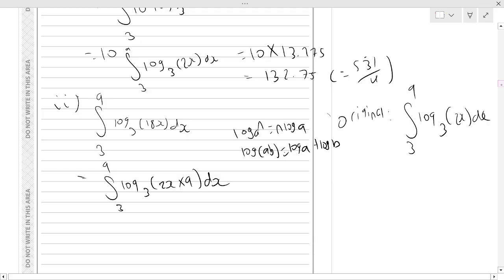I can't raise it to a power, so the only option I have is to make a product and use a 2x. So 2x times something, and then I can say that's the integral between 9 and 3 of log 3 of 2x add log 3 of 9, because then I'll split up the logs.